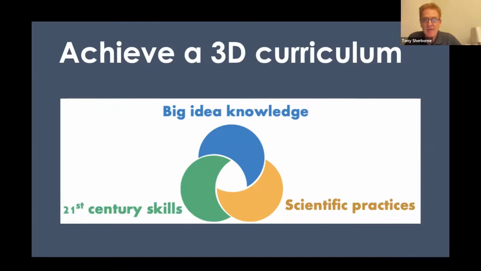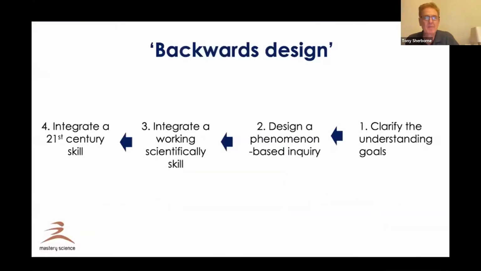Now comes the difficult question of how do we achieve that? And we can give you a good head start on this one, to build a curriculum that properly integrates these three different areas that all contribute to achievement and lifelong learning. The basic model that we use, a designer's model, which is what we are, is called backwards design.